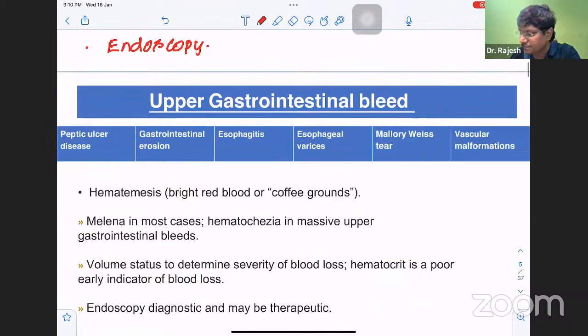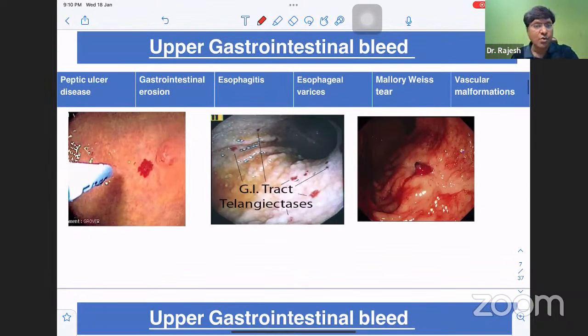One, we have angioectasis, which is nothing but angiodysplasias. What exactly is this angiodysplasia?